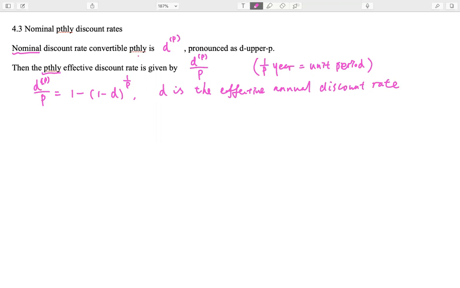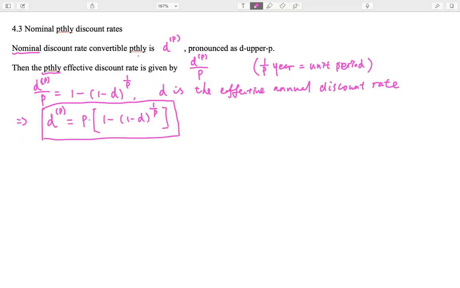So from here, we easily get a result. This is straightforward, right? So let's put it in a box to say this is an important result we may need from time to time.